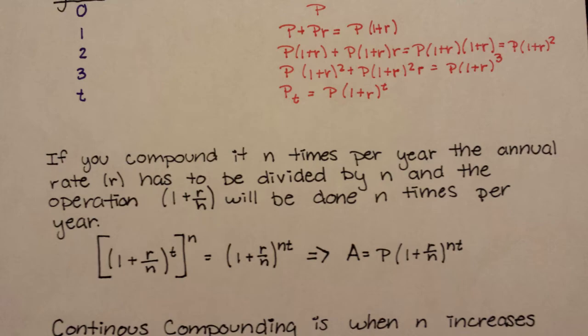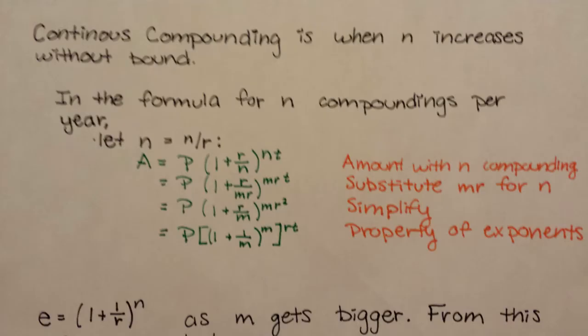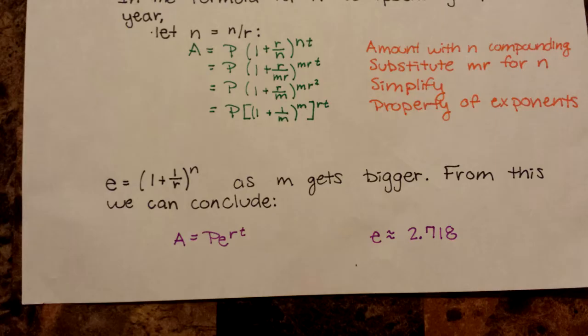To find continuous compounding is when N increases without bound. In the formula for N compoundings per year, let N equal M times R. First off, A equals P(1 plus R over N) to the power of NT, which is the amount of N compounding.